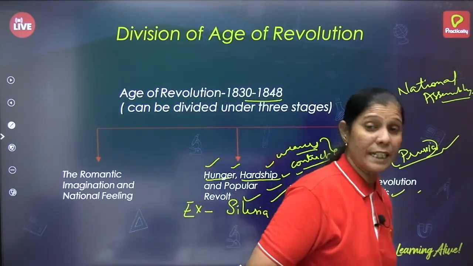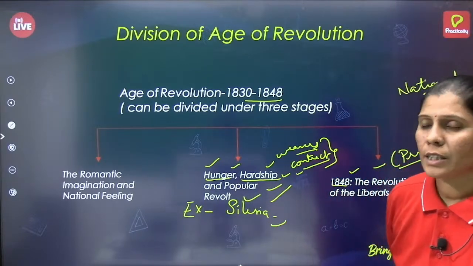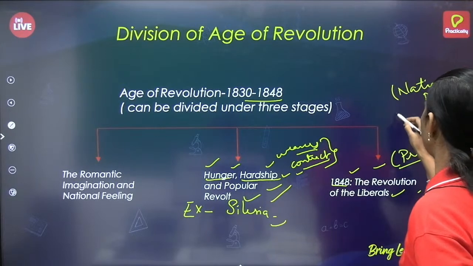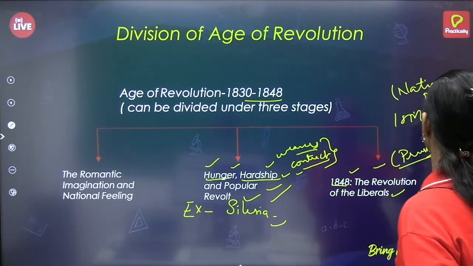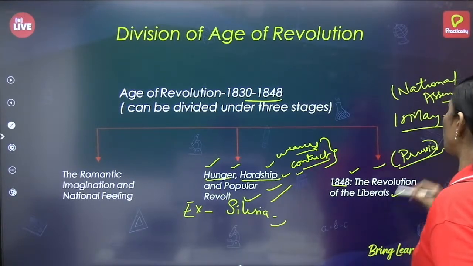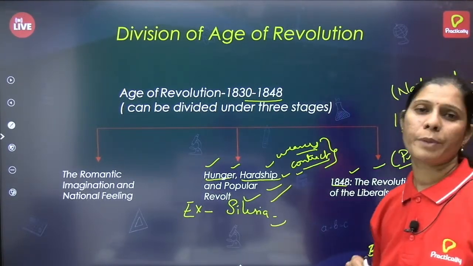They formed a national assembly on 18th May in 1848 in Prussia.